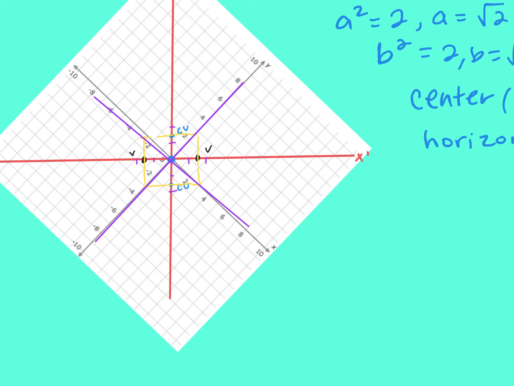I would probably recommend dashing them or making them different colors just so you know the difference. Oh, it's going straight through my thing. And then draw your branches.